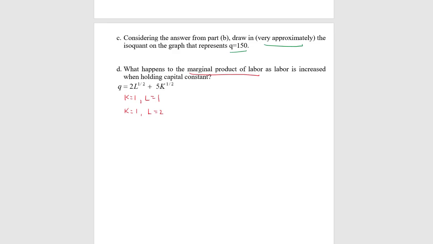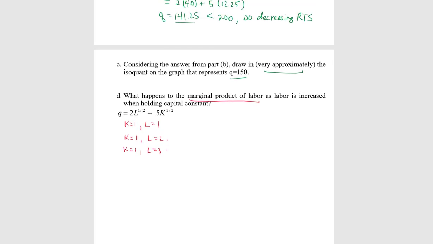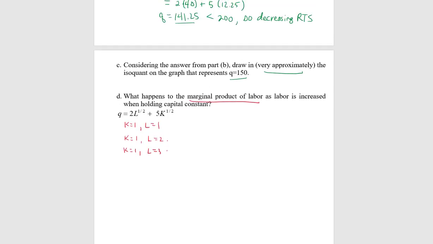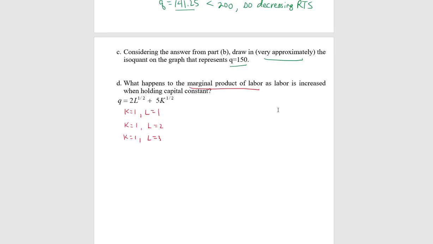And just to be sure whether the marginal product is increasing or decreasing, I really have to have a third point. I need to see between these 2 points, what is the marginal product? Then between these 2 points, what is the marginal product, for me to be able to make a determination on what's happening with that marginal product of labor.